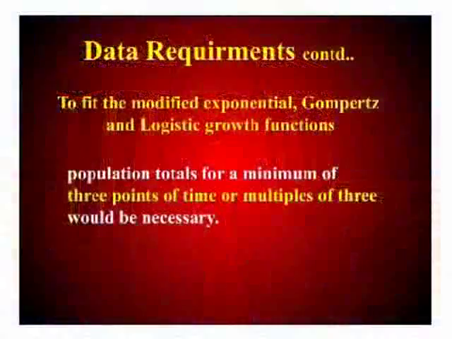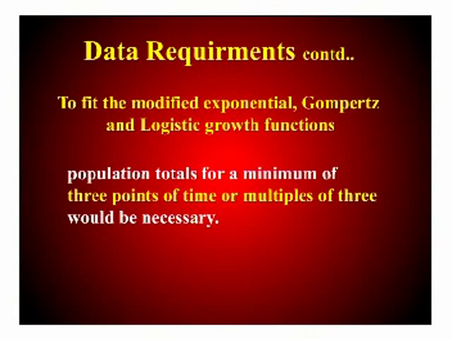Further, the growth functions like modified exponential, Gompertz and logistic law of population growth require a minimum of 3 points of time data or in multiples of 3. Then only can these growth functions be fitted to get a best fit curve.